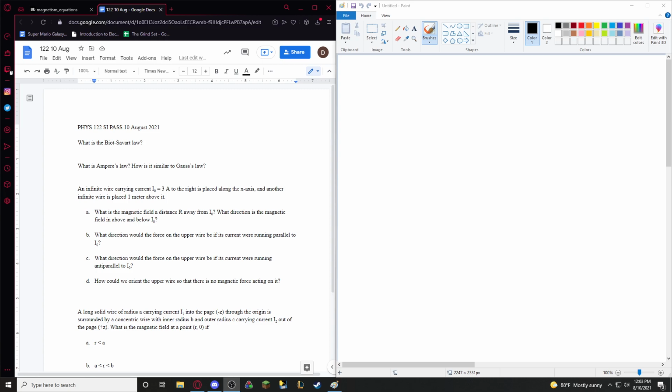How are magnetic fields generated? The charge is going through the current. Essentially, when you have some sort of charge moving, you're going to be generating some field.